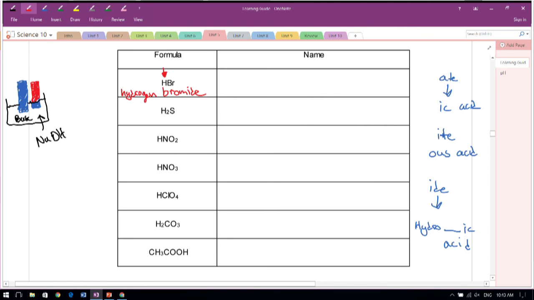So if I am ending in an "-ide", I'm going to use this rule down here. And that rule says that I start with hydro, and then I have bro. Instead of "-mide", I have "-ic", and then acid. So hydrobromic acid.